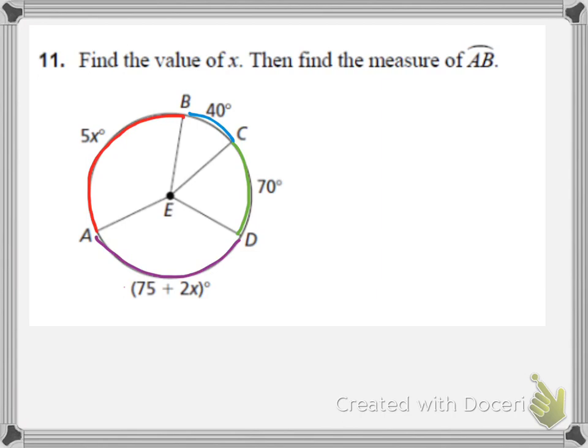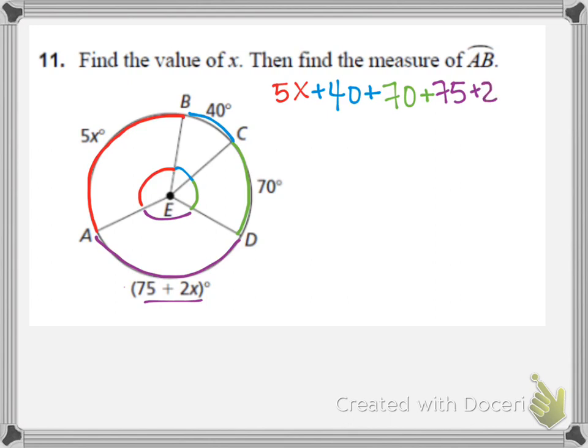So we're going to start with 5x. I'm going to add it to 40. Add it to 70. And then add it also to 75 plus 2x. And I know that they will all equal 360 degrees.